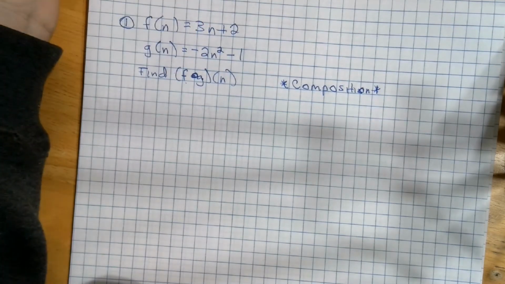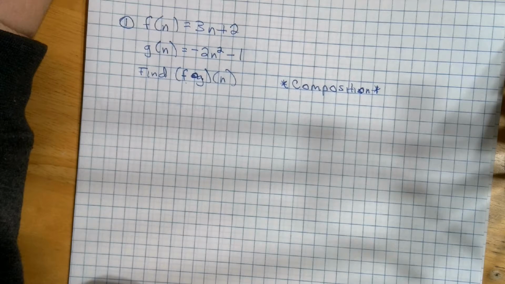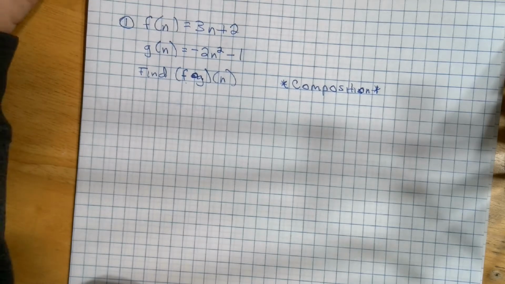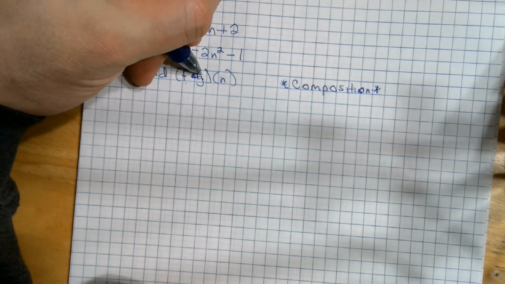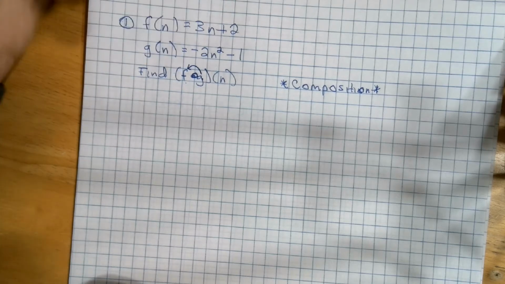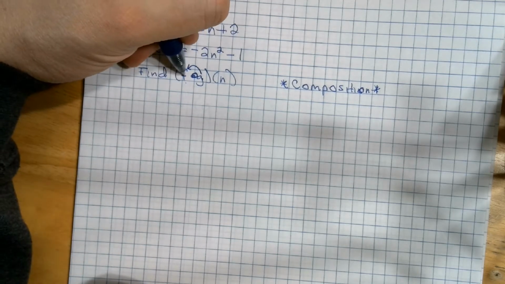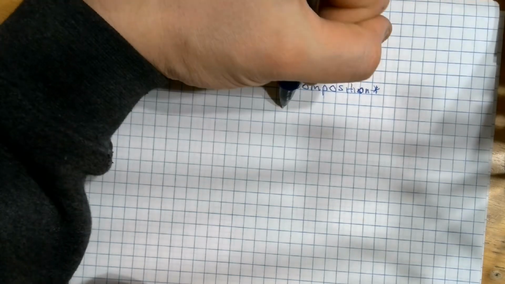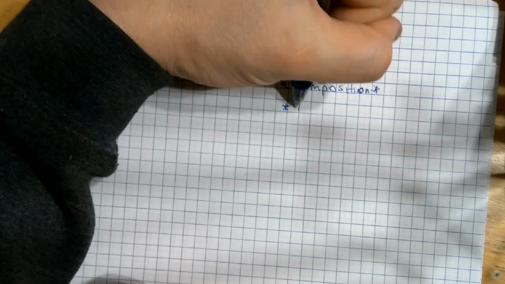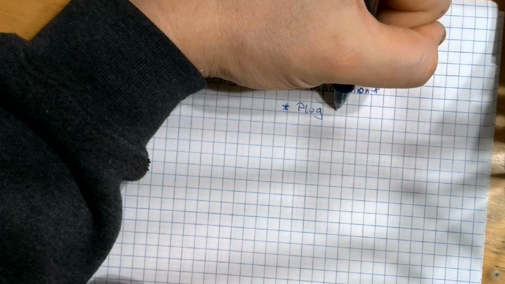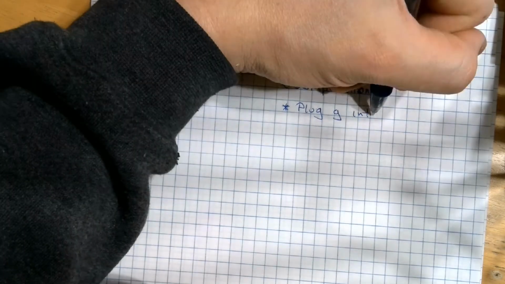And essentially what that means is we're going to combine these two functions. And the way we're going to combine them is we're going to take g and substitute or plug it into function f. Because it's in this order, f composition g, that means plug g into function f.